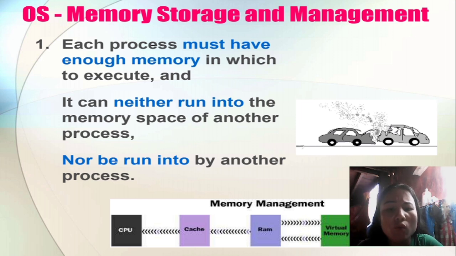The illustration of two cars colliding is a metaphor for this. If processes collide in memory, it can result in errors or a system crash. Then proceed to the next part.